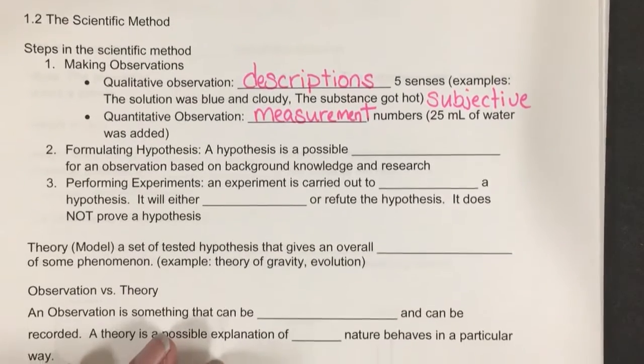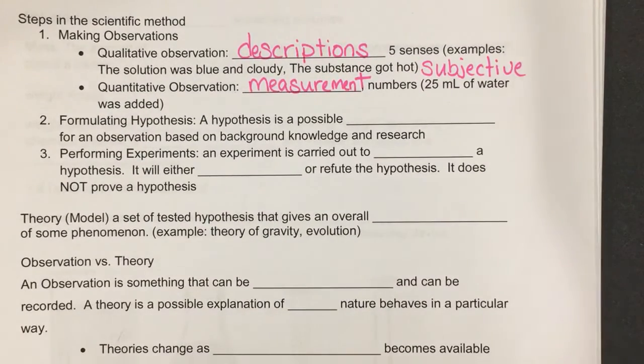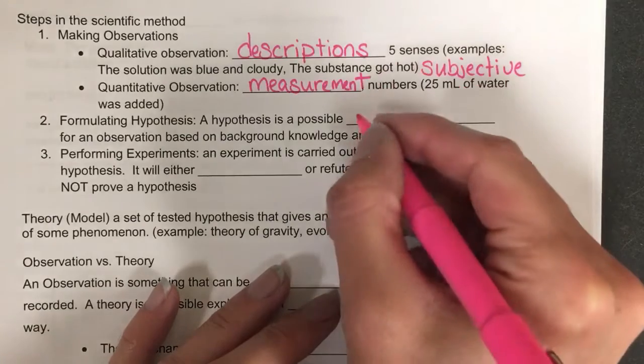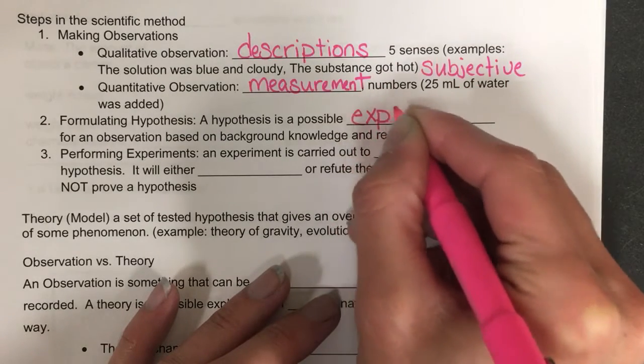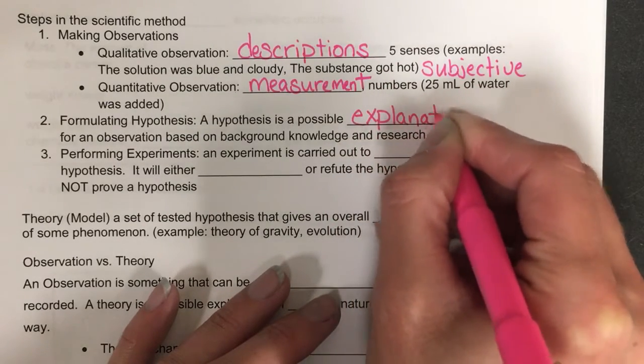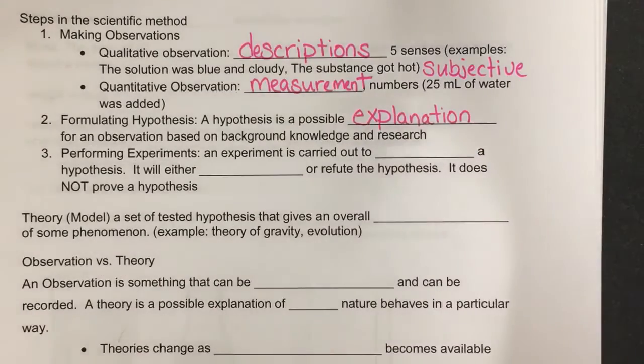Now, we're going to make observations. We're going to formulate hypotheses. Now, when we talk about a hypothesis, it's a possible explanation. You've probably been taught before that a hypothesis is an if-then statement. The hypotheses that you're going to be writing for this class are going to be much more in-depth.